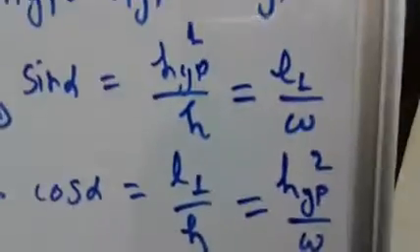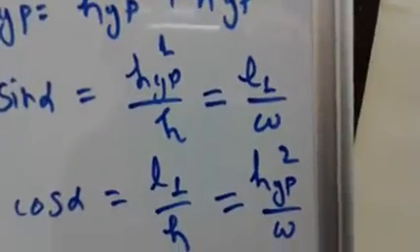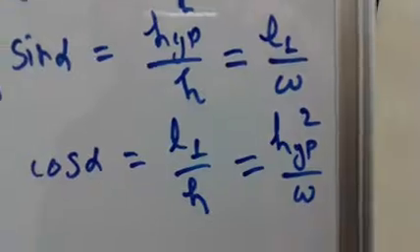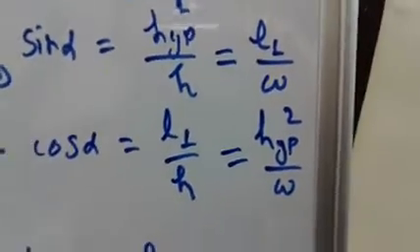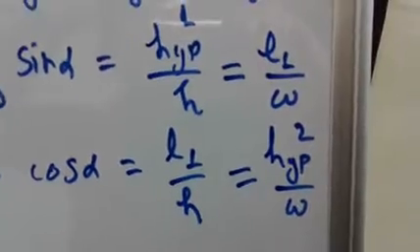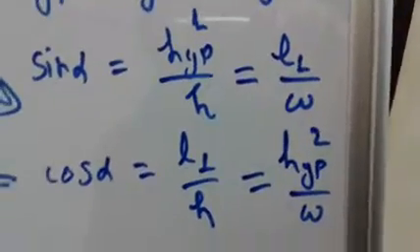Now also observe the fact that since L perpendicular is the same, we can easily say that HYP1 into W by H is equal to HYP2 into H by W. Which means that if H and W are the same, then HYP1 and HYP2 are identical.